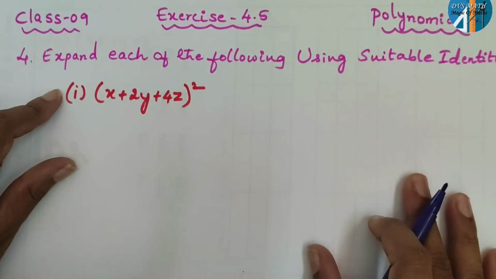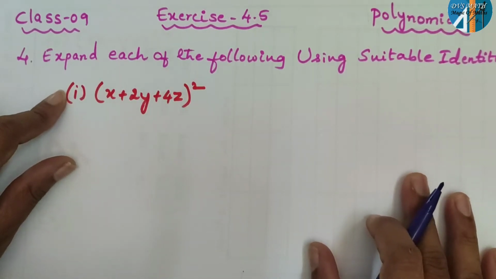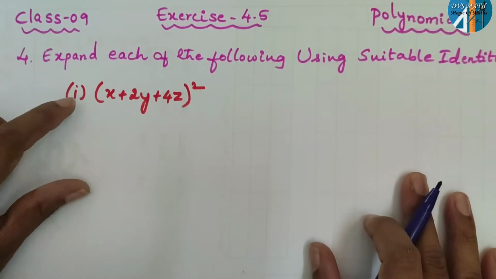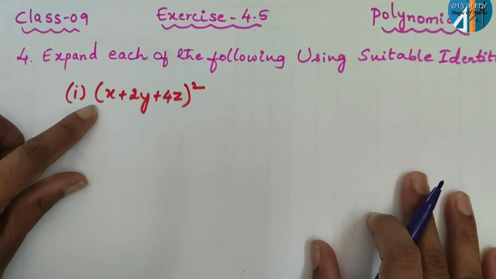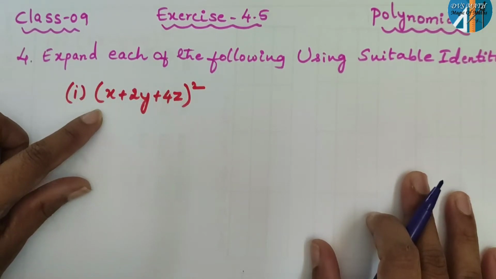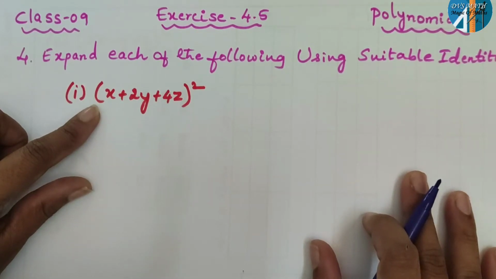These are all related to the identity x plus y plus z whole square, right? We know x plus y whole square, x minus y whole square, x square minus y square. Now we are taking the fourth identity that we learned: x plus y plus z whole square is x square plus y square plus z square plus 2xy plus 2yz plus 2zx.